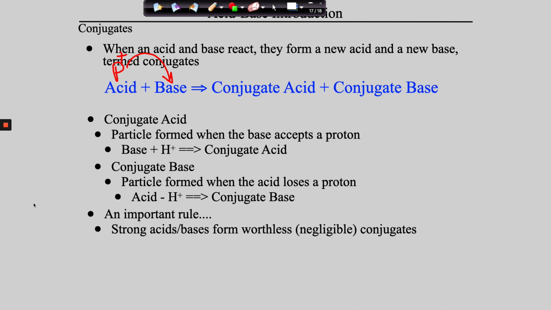That is what an acid-base reaction does, it just passes a proton from the acid to the base. But guys, look at what that does. When your acid loses a proton, this thing is now proton deficient.